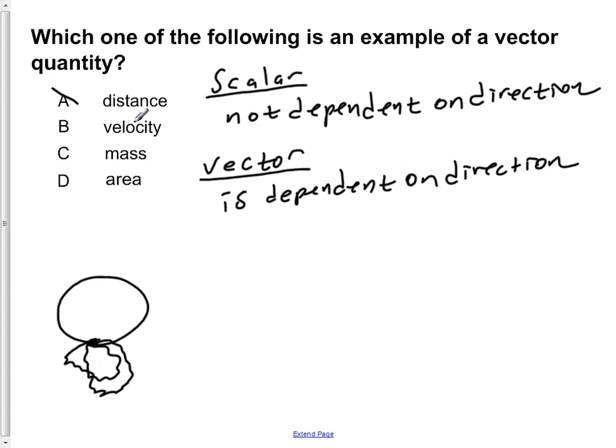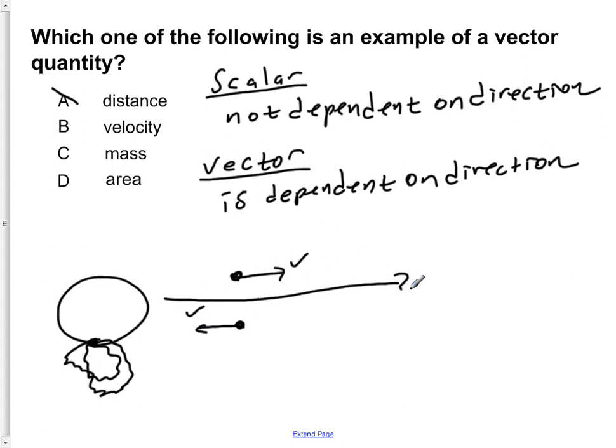A is not a vector. B states velocity, so we know that we can have a velocity in this direction for a ball, and we can have a velocity in the opposite direction for the ball.